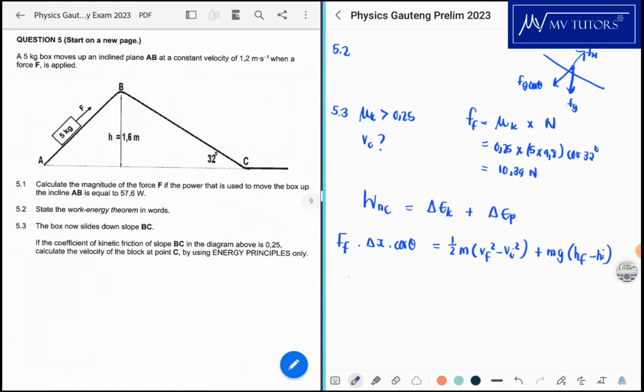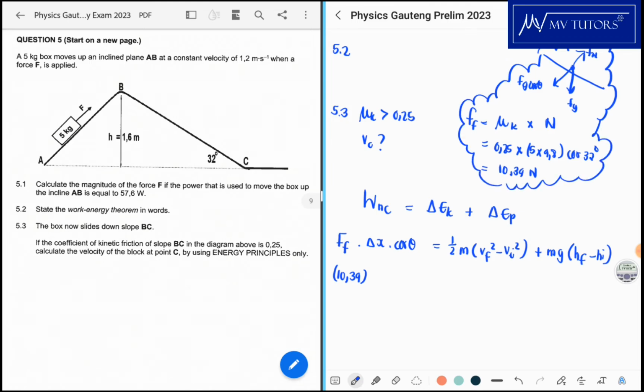So now friction force is 10.39. Now delta x, what is the distance that it goes? There are all these sub-calculations that I need to do. Firstly it was to get the friction force.